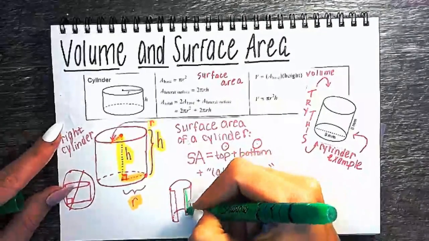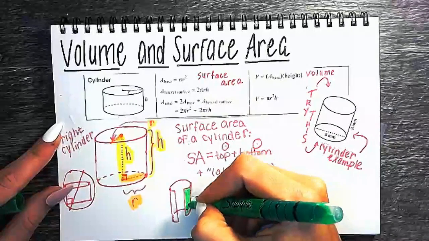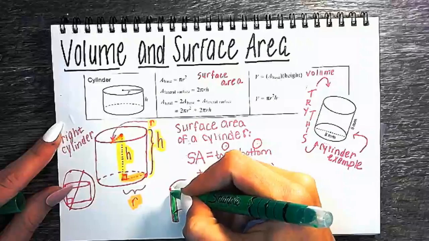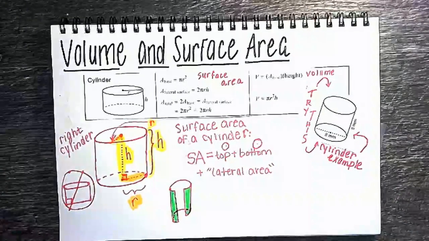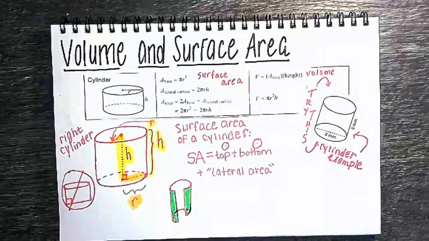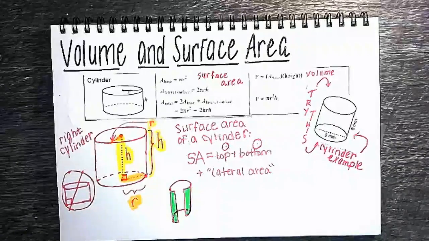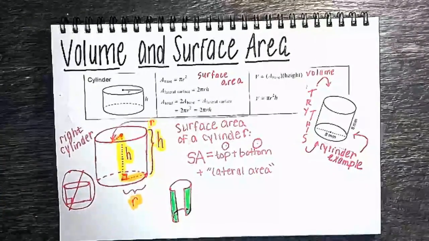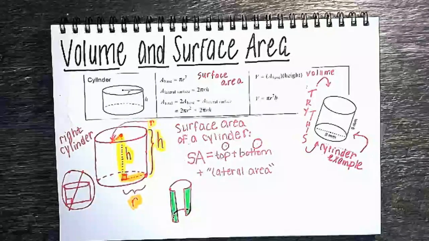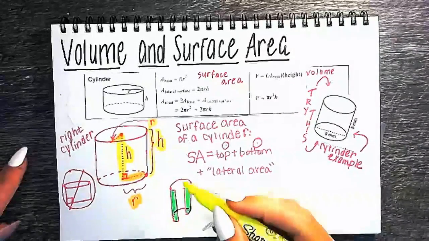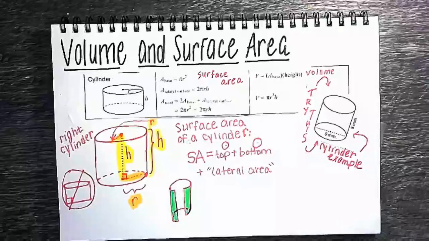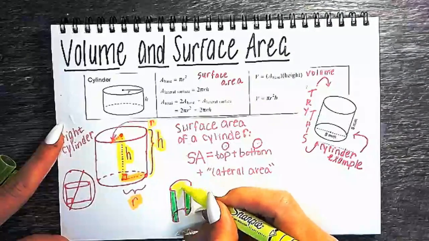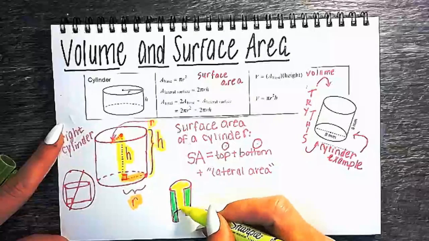If I cut it open and remove the top and the bottom, and the outside of my cylinder were green, and the inside were, should I use blue? No, it's too similar. I'm going to use yellow for that other part. And the inside of the paper, so the paper was two different colors, one color on the inside and one color on the outside after it was rolled up.